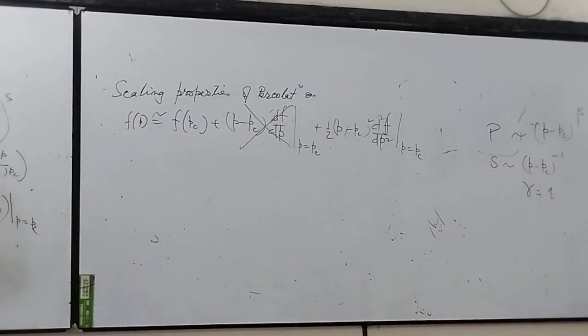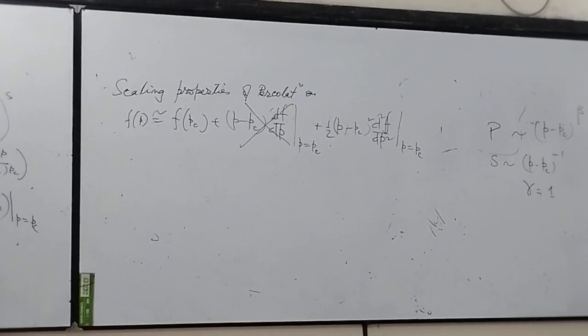So if I differentiate again, d squared f by dp squared equal to minus 8.